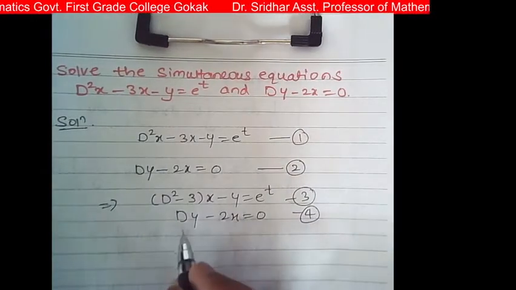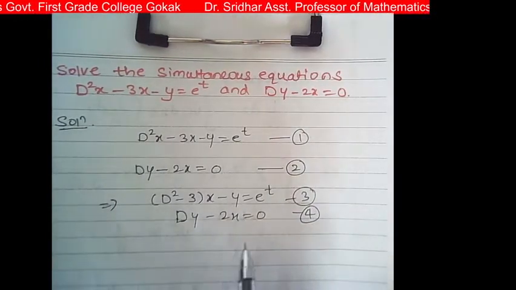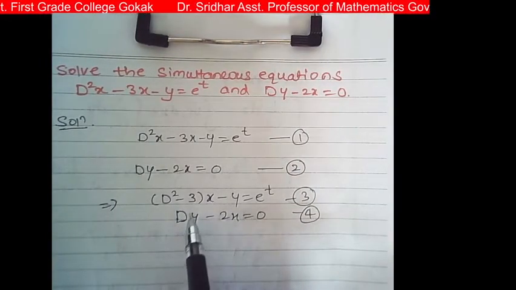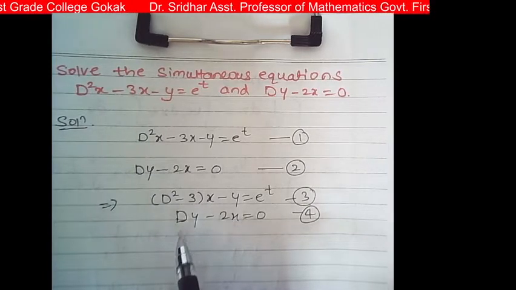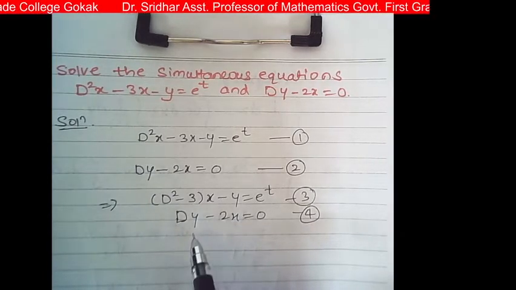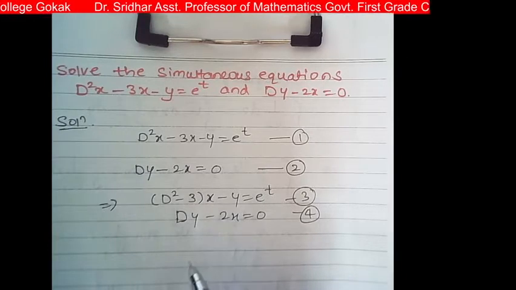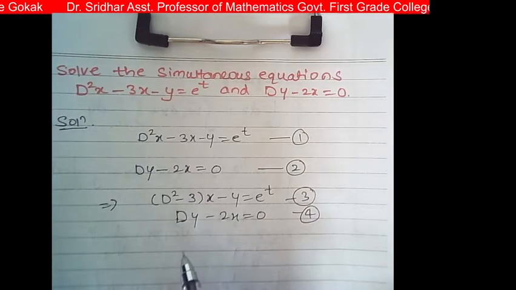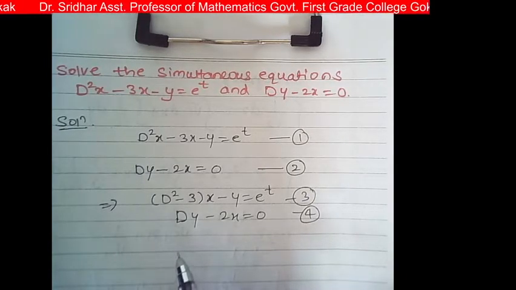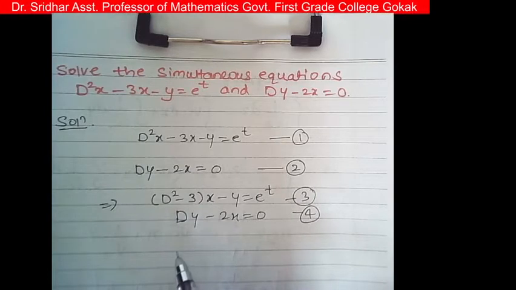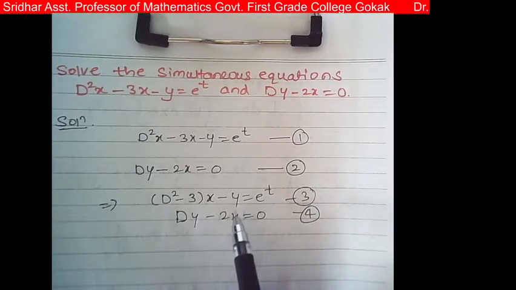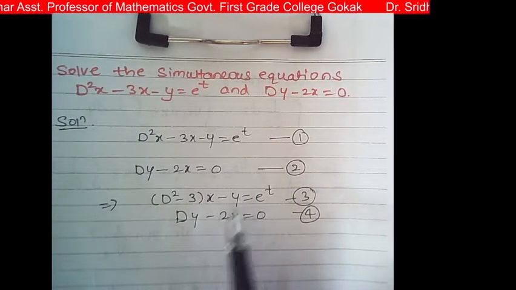Now we have to eliminate one of the unknowns. You can eliminate either x or y. The procedure should always be kept simple. So what I do, I eliminate y.